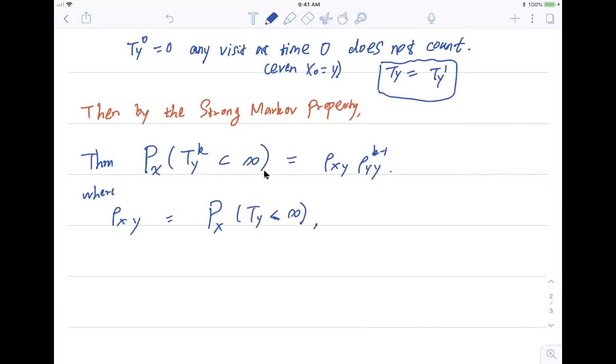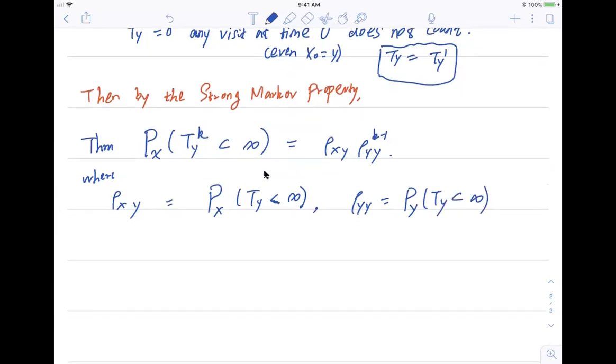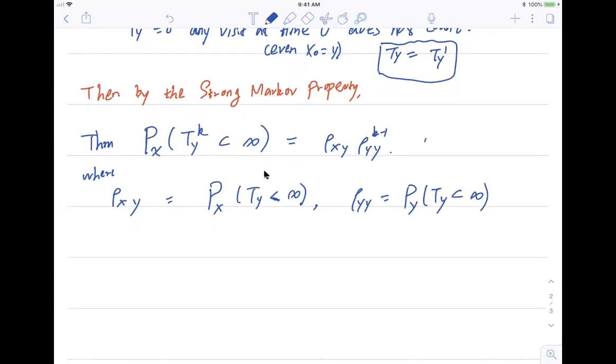So similarly, rho yy, you're starting from y and you arrive at y in finite time, right? So this theorem, right?